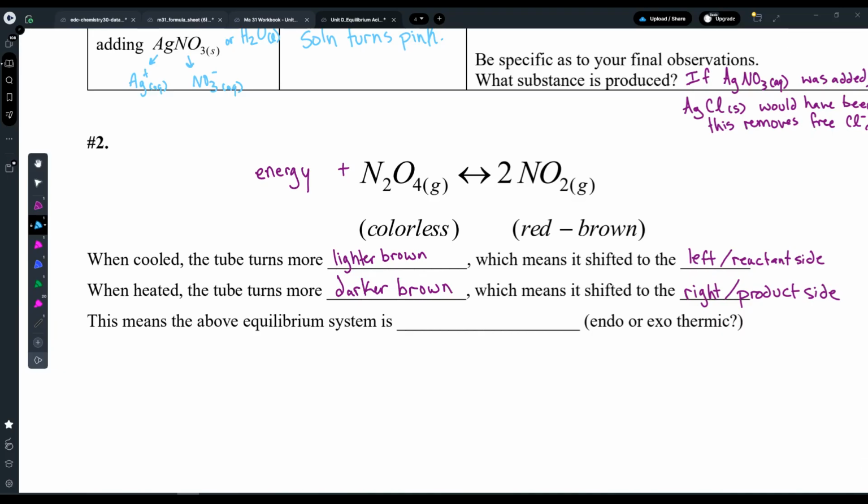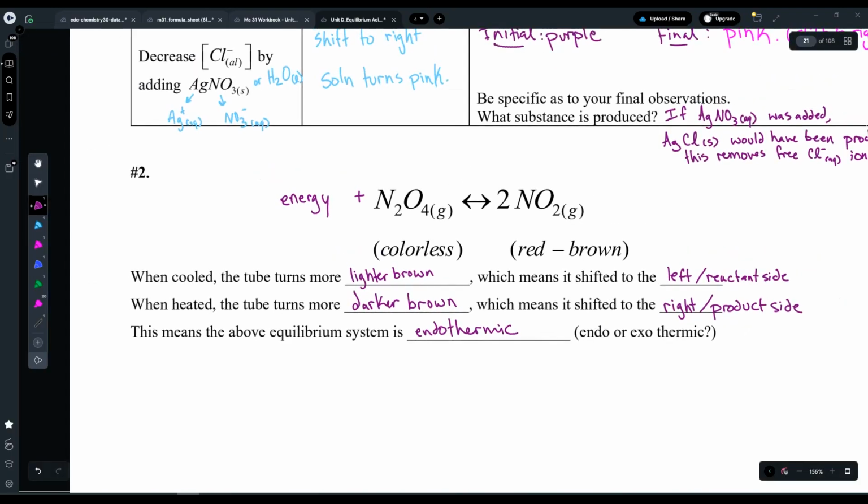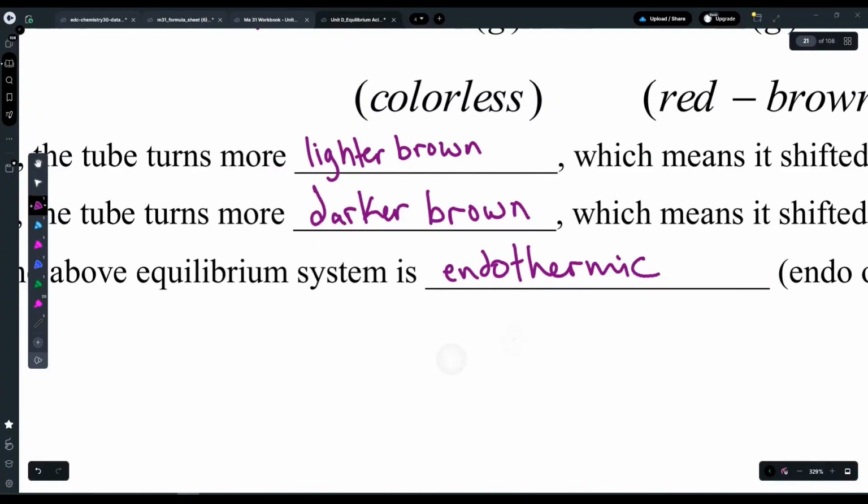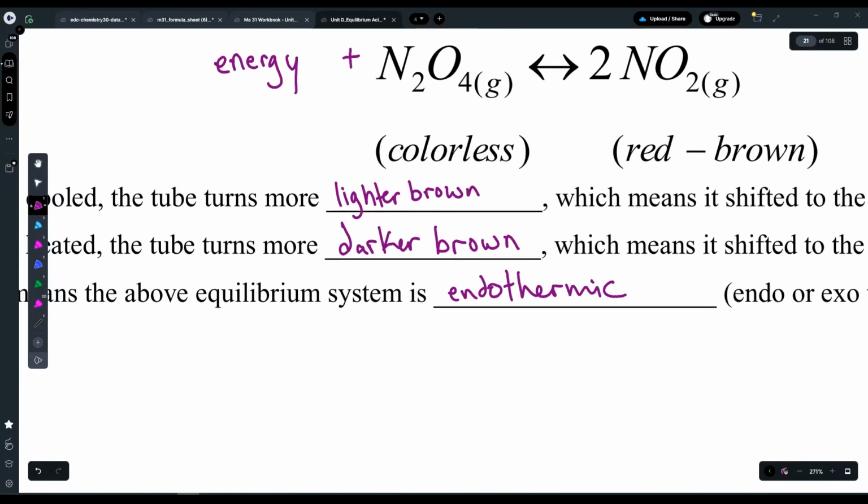So because energy is a reactant, that means it is an endothermic reaction. So what they mean by this, just because we can read reactions forward and backwards, I'm going to specify by saying the forward reaction is the endothermic reaction.